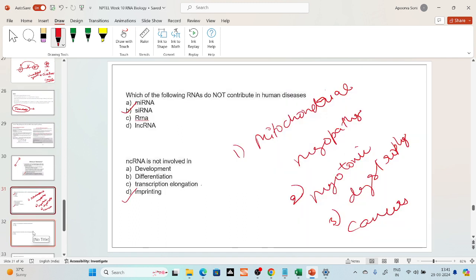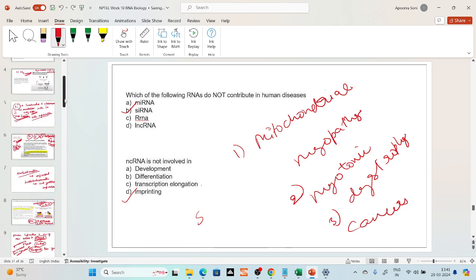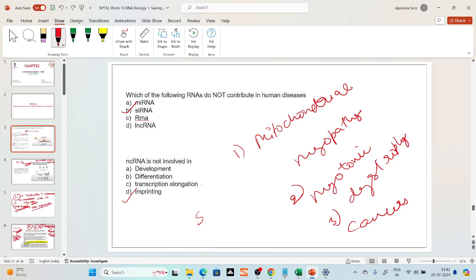They might help in the start or stop of the transcription, but elongation they do not do. They might help in transcription initiation, such as one example we have studied in the beginning, I think, where they were helping in promoting the transcription.